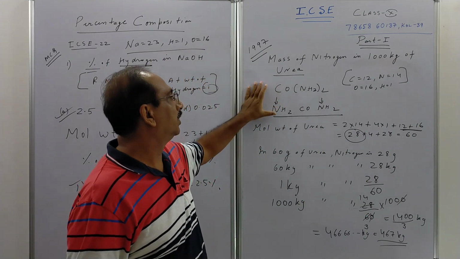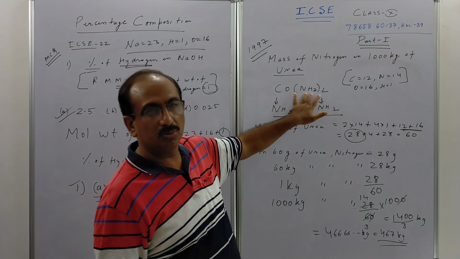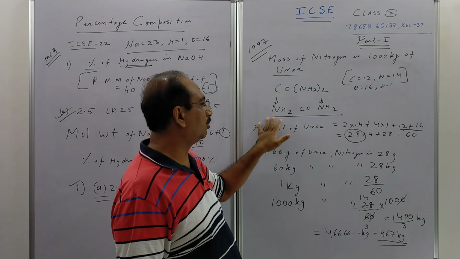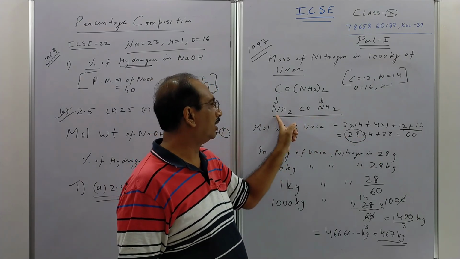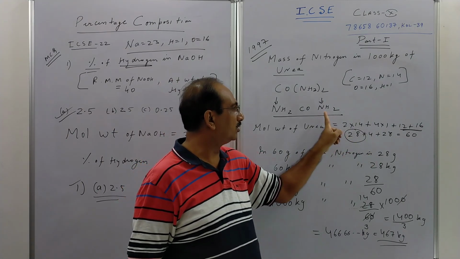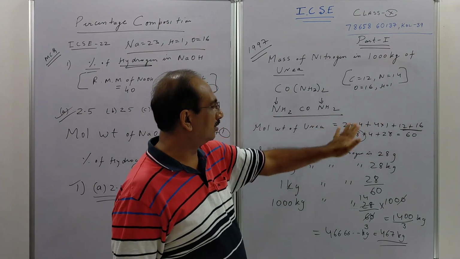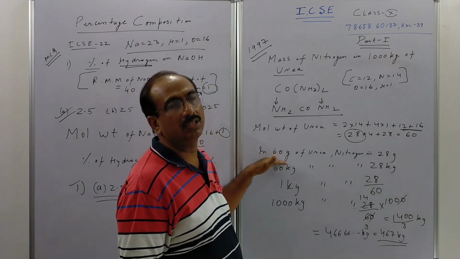Once more, urea, we find the molecular weight. Okay, NH2, remember, this is the structural formula. Molecular weight of urea, we got 60. Nitrogen 2 into 14, 28 out of 60. Hydrogen is 4 and carbon is 12 and oxygen is 16. So we see 28 gram of nitrogen is there in 60 gram of urea.